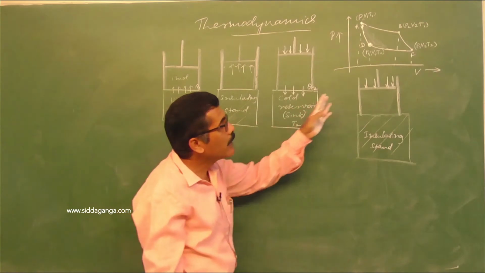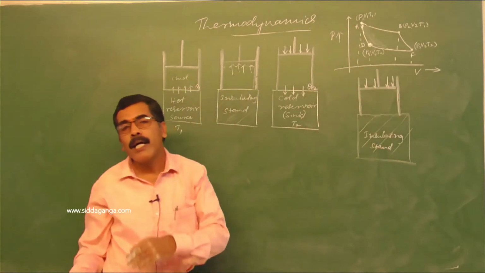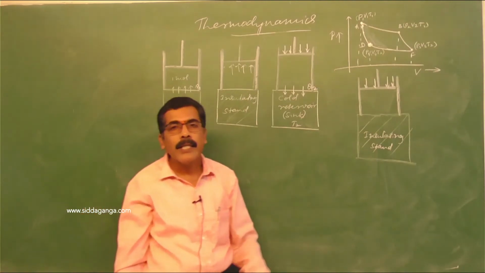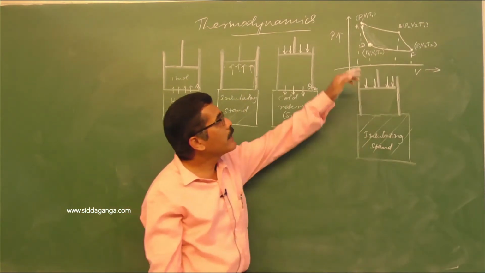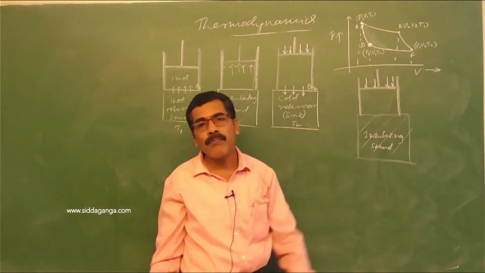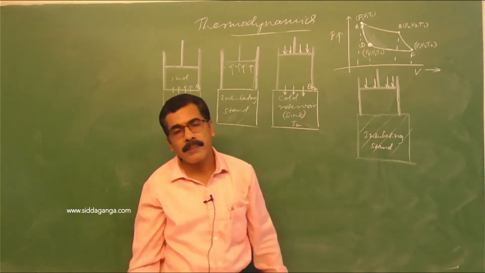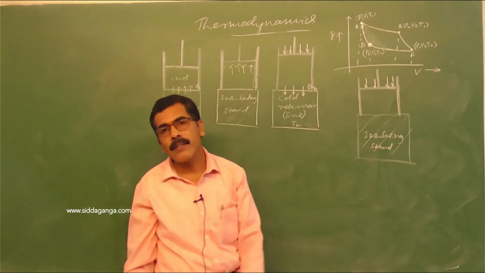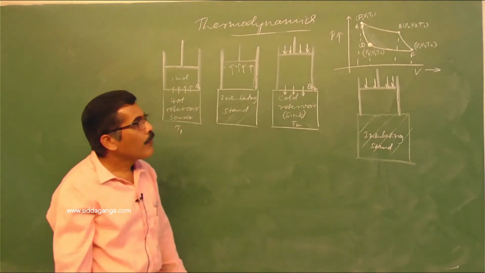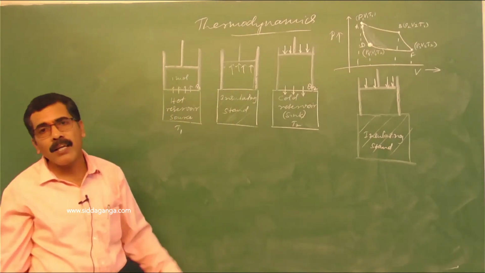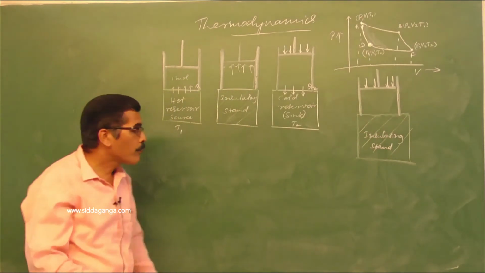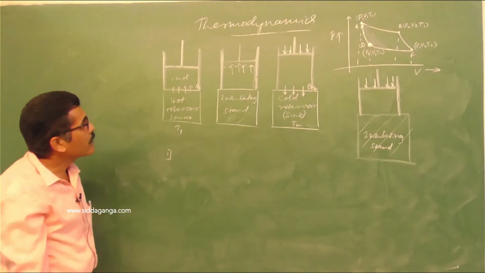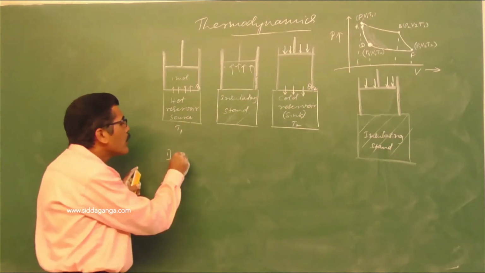Finally, keep this cylinder on the insulating stand and compression is continued. Now this is an adiabatic compression. It is compressed in such a way that the system is brought back to its initial configuration, thereby completing the cycle. So this cycle is called the Carnot cycle. So here we can calculate the work done as well as the efficiency of the Carnot cycle. Suppose we take the first situation, in the first situation there is an isothermal expansion.